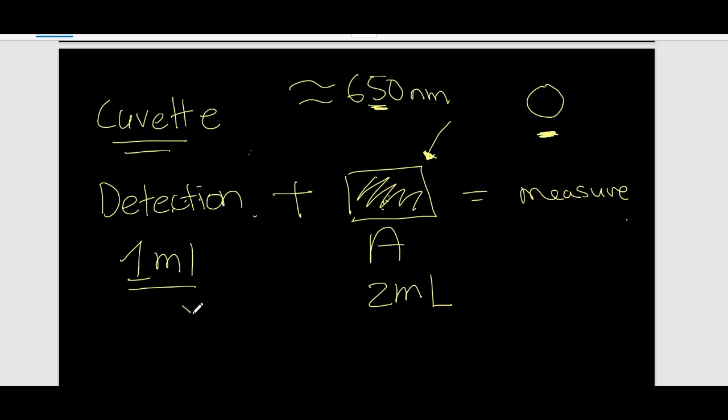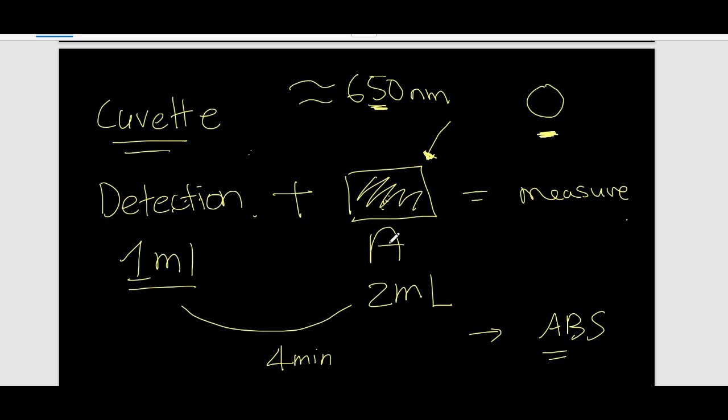Let it react for a little while. Wait a few minutes; the best is 4 minutes. If you can wait 4 minutes before you measure the absorbance, we can get the best result. So take note of that.